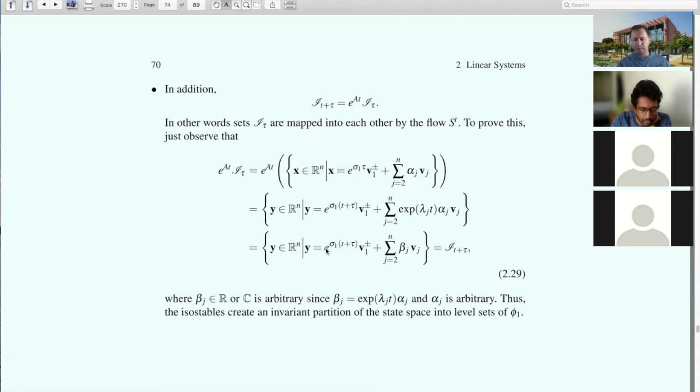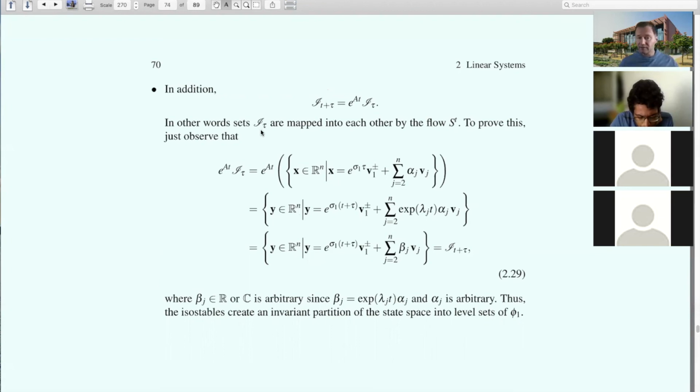And so this is precisely the same expression, but just a different hyperplane that the initial hyperplane has been mapped into. And therefore, this partition, isostable partition, denoted as I tau, is invariant. It's an invariant partition.